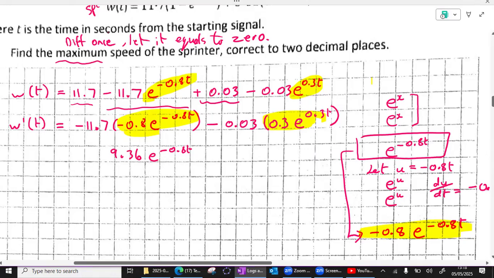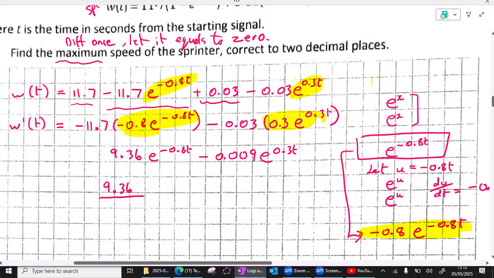Now with the next one, I have 0.03 multiplied by 0.3. So that becomes negative 0.009 e to the power of 0.3 t. So that's our derivative done. We have to let that equal to 0 now. So we're going to let this equal 0.